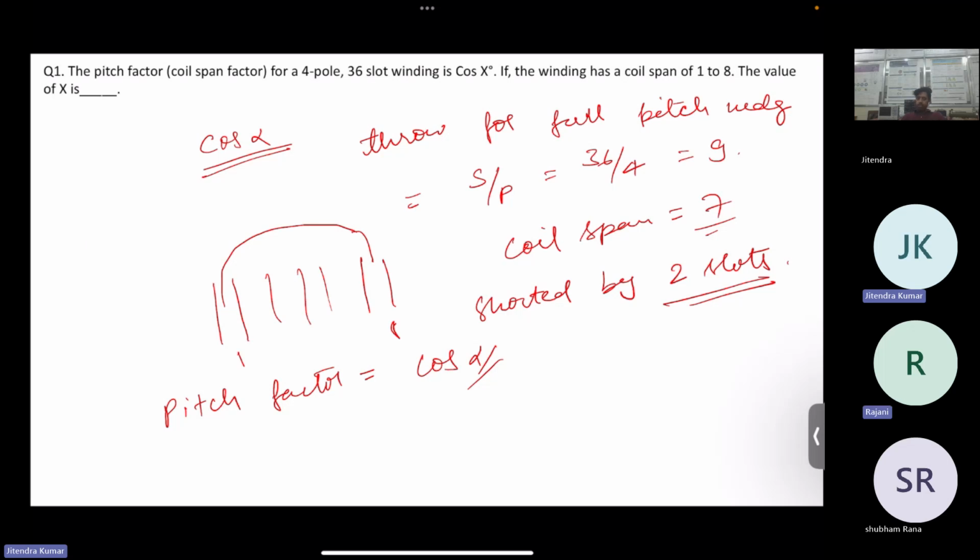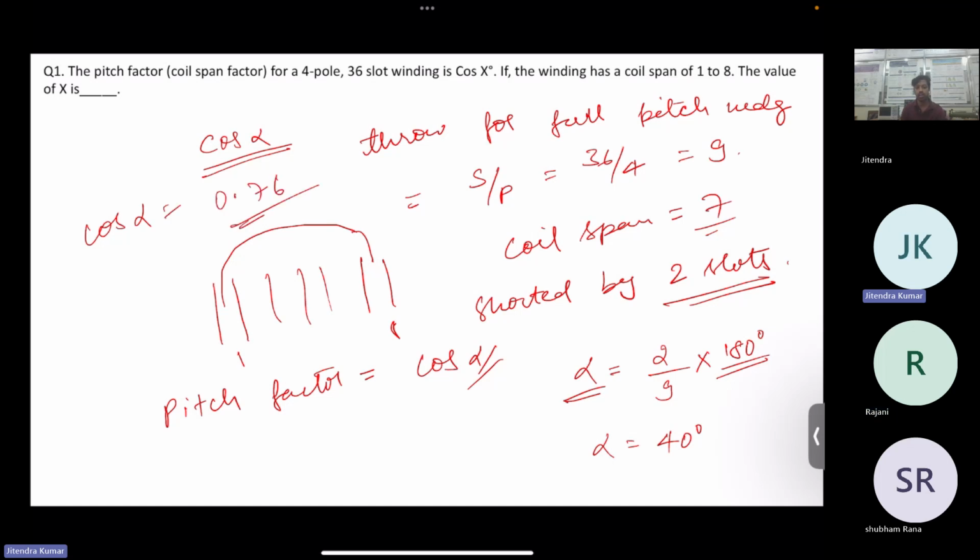Let us see how much this value will be. Alpha will be 2 by 9 into 180 degrees. Why 180 degrees? Because had it been full pitch winding, the alpha should have been 180 degrees. So 2 into 180 divided by 9, alpha will be 40 degrees, and cos alpha will be 0.76.